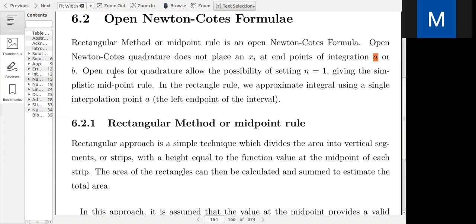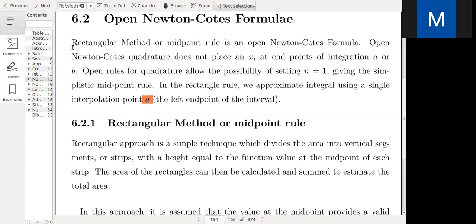So open rules for quadrature allow the possibility of setting n equal to 1, that is for one rectangle, or you can say for one trapezium, giving the simplistic midpoint rule. So in the rectangular rule, we approximate the integral using a single interpolation point, A, the left hand point of the interval.